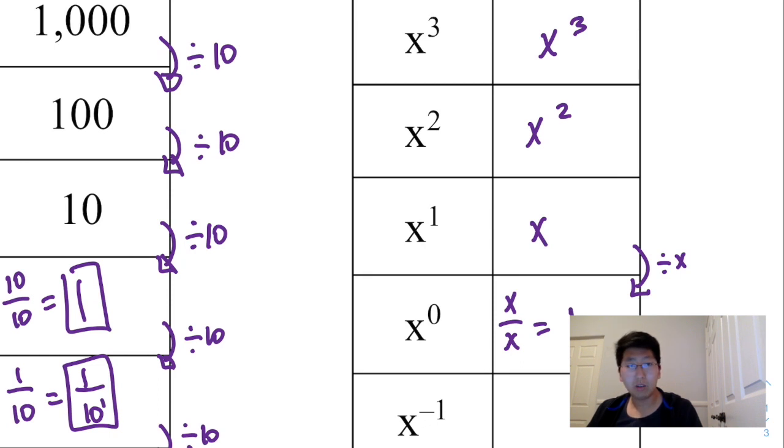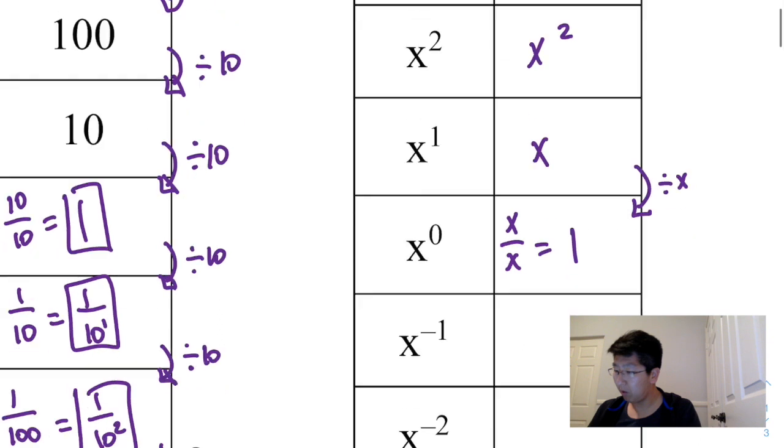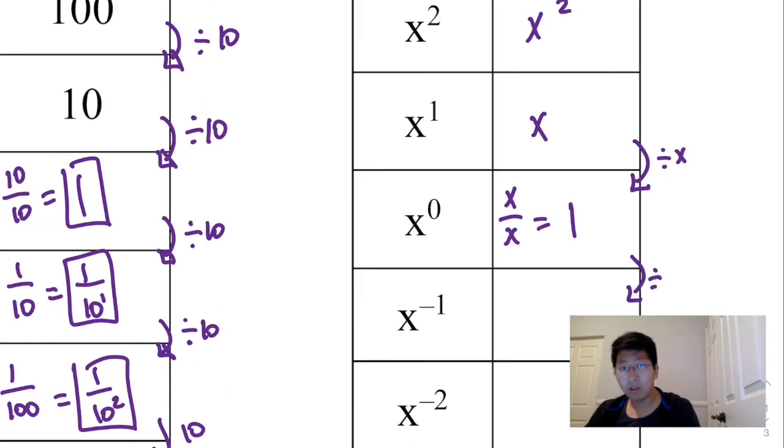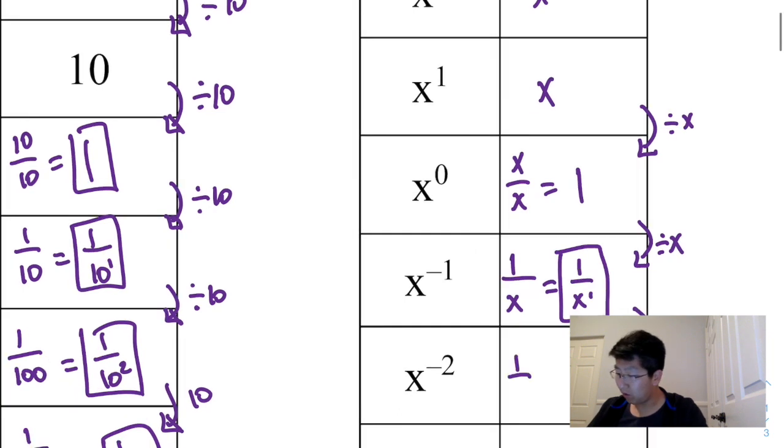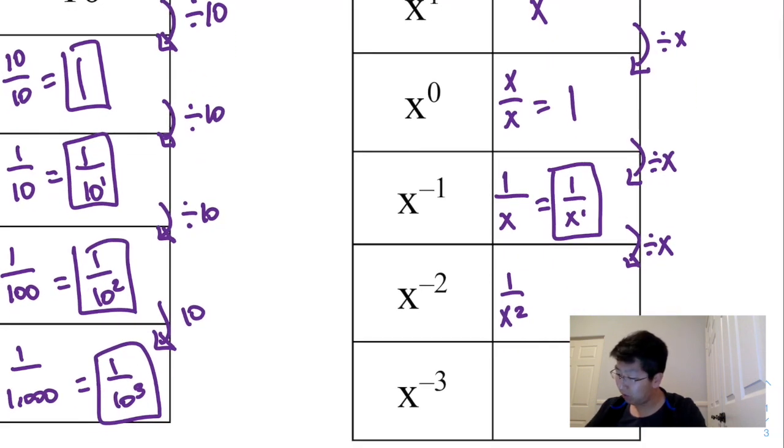So I'm going to take this and divide by x again, and 1 divided by x is 1 over x to the first power. And then I'm going to divide by x. That gives us 1 over x to the second power. And I'm going to do the same process, divide by x, 1 over x to the third power.